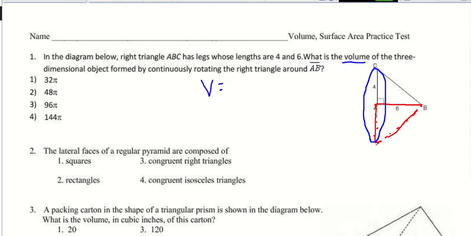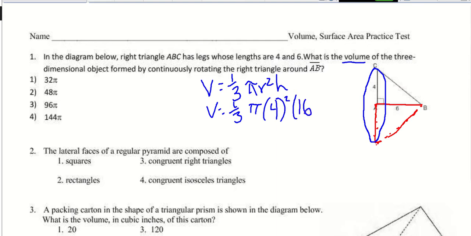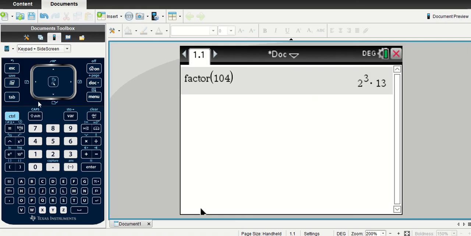Remember, the volume is 1/3 the area of the base, so pi r squared, times the height. So we just do 1/3 pi times the radius, which is 4 squared, times the height. We're basically going to leave the pi out of it because the answers are all in terms of pi.